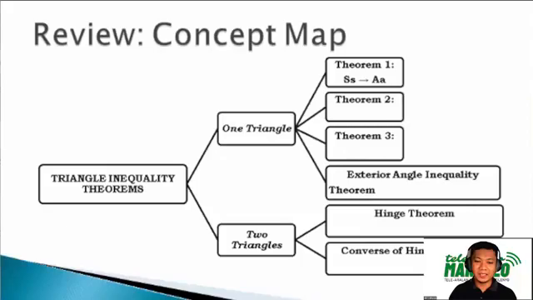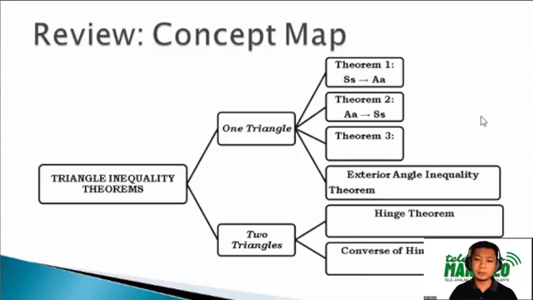How about theorem number 2? Theorem number 2 states that the largest angle is opposite the longest side and the smallest angle is opposite the shortest side. Those are theorems 1 and 2 involving the sides and the angle of a triangle.